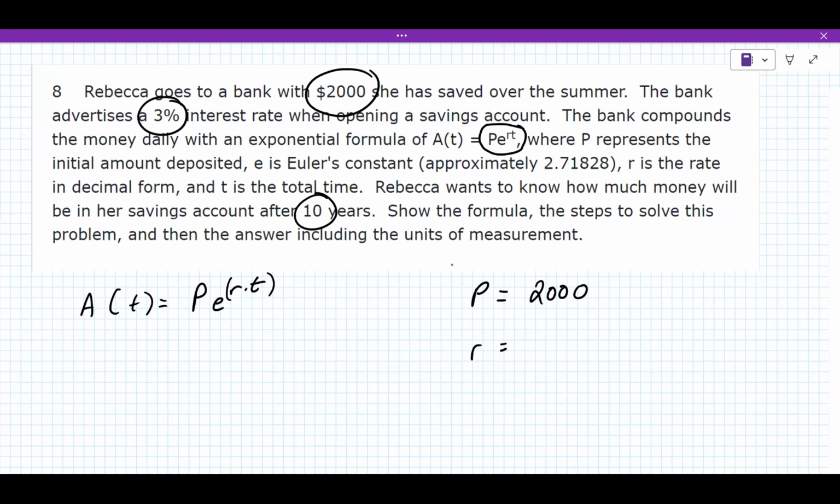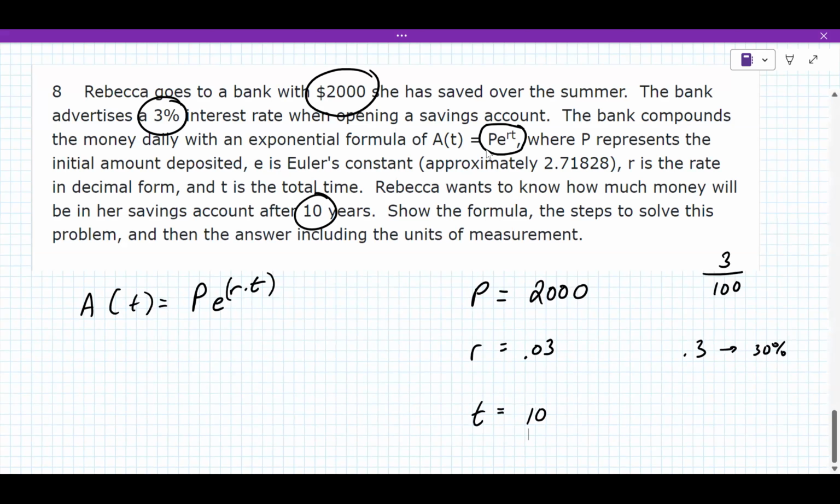So what would that be? 0.03. So remember, you divide by 100. And then T is how many years in this case? 10 years.